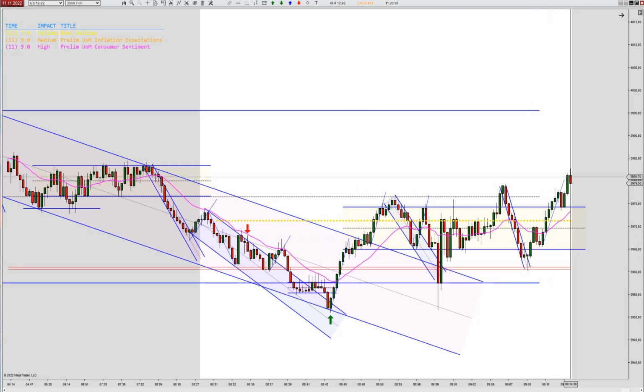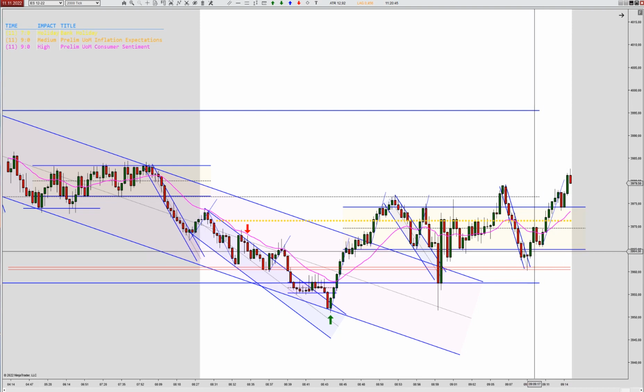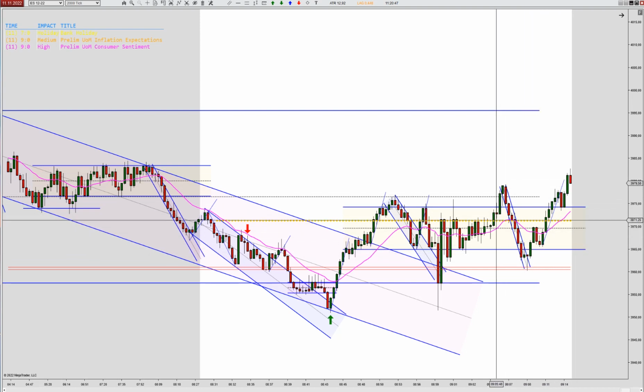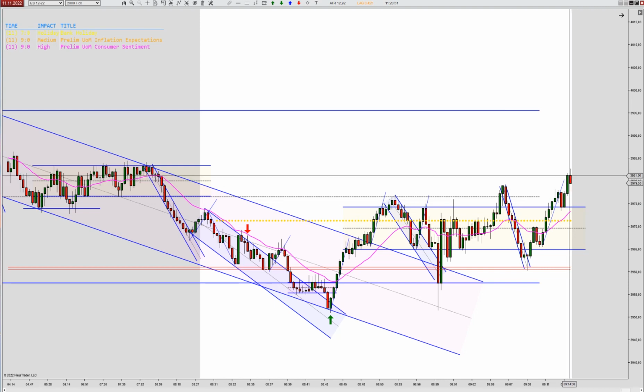At this point, I don't take any more failed breakouts, because at this point we could break the range for good. So if this was the first breakout, then I was more tempted to take this short back inside the range.